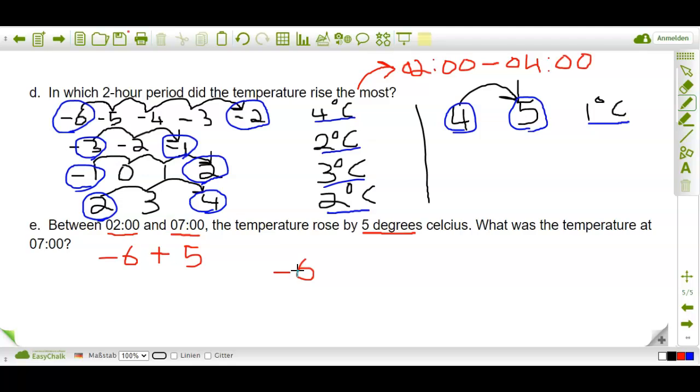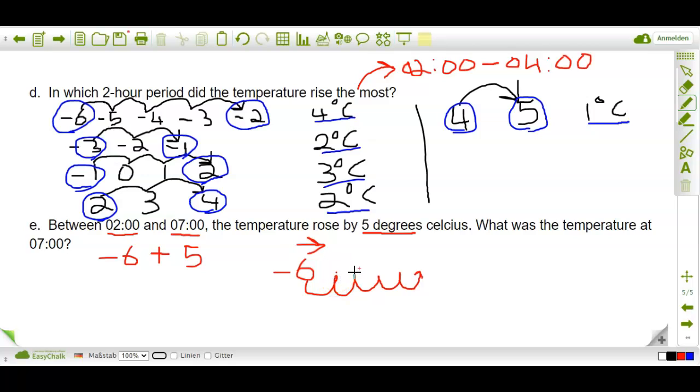The second part is plus, which means we would be moving to the right. The third part is 5, so we'll be moving 5 places to the right: 1, 2, 3, 4, 5.